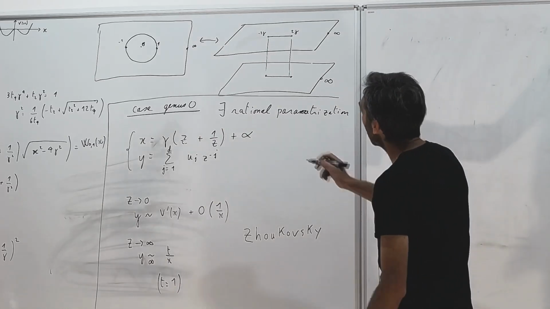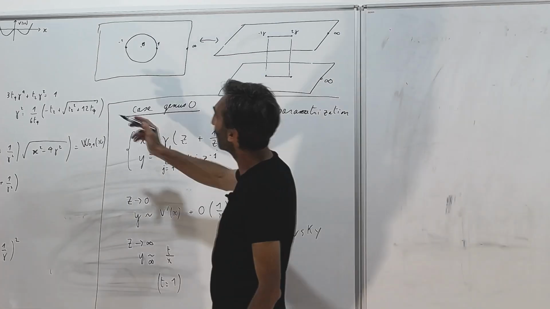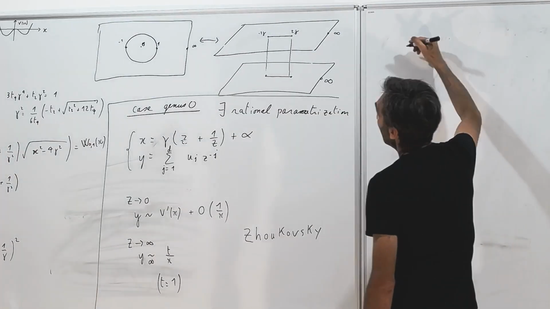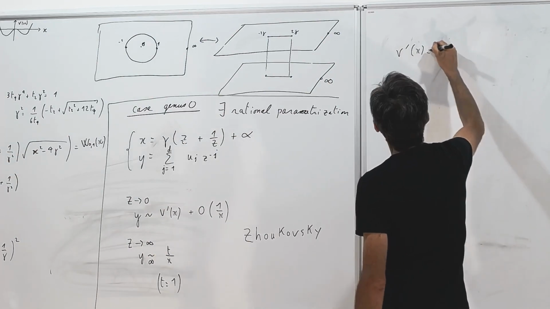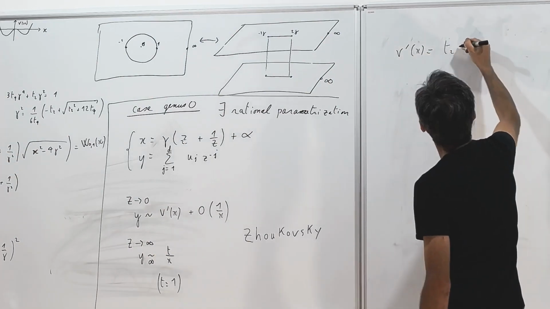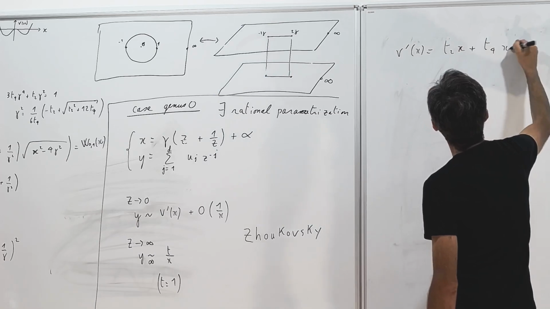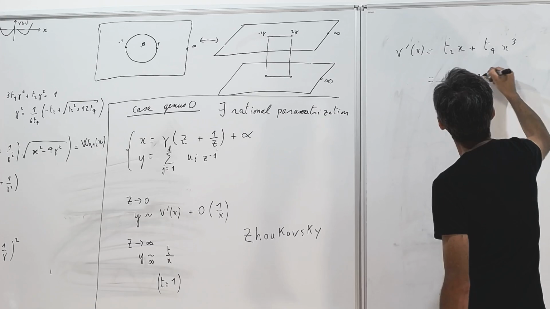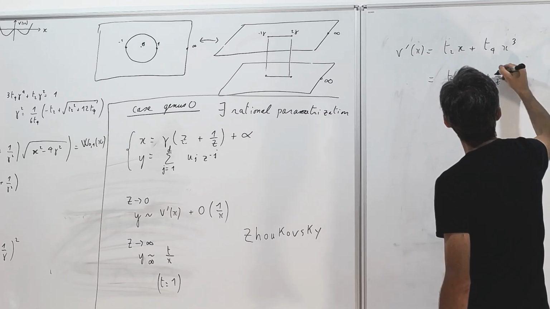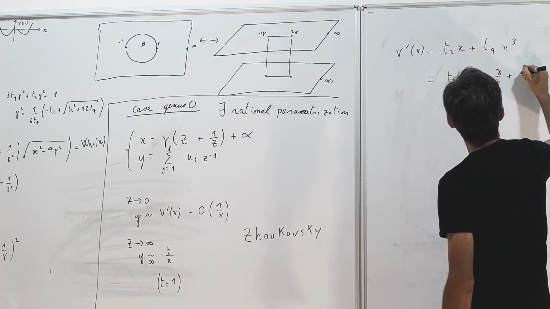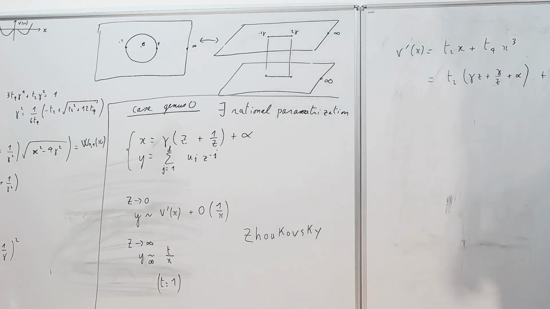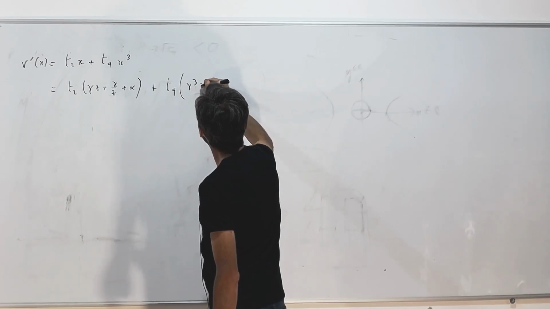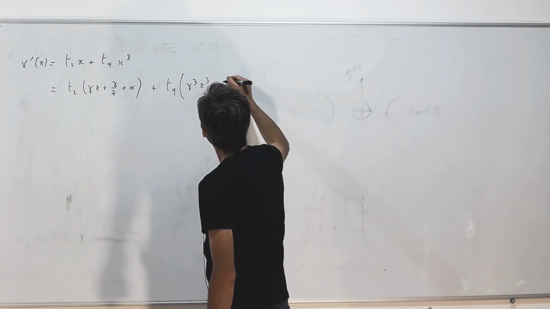So in fact, the trick. Let me show you how it works for the quartic potential. So just write that v prime of x is t2 x plus t4 x cubed. So let me write it as t2 gamma times z plus 1 over z, plus alpha, plus t4 gamma cubed times z cubed plus 3z plus 3 over z plus 1 over z cubed.